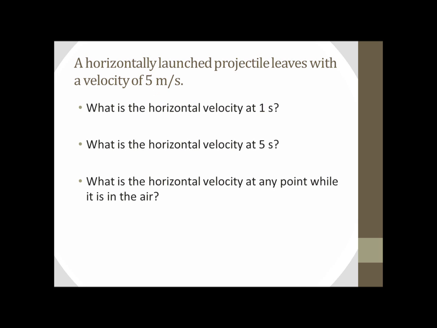And so what is the horizontal velocity at any point while it's in the air? Same value. 5 meters per second. Now, what happens to the vertical velocity as it travels? Well, as time increases, the vertical velocity also increases in the downward direction. So horizontal stays constant while the vertical increases as it falls.